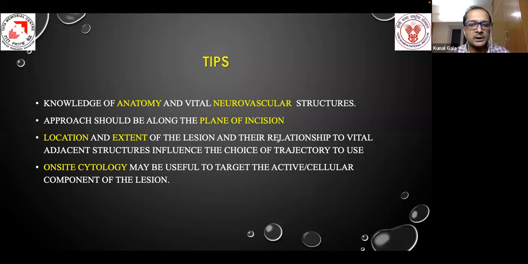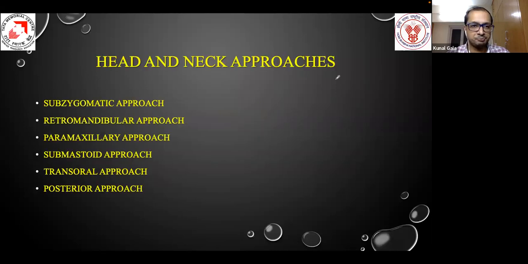Location, extent of the lesion, and its relation to vital structures are most important. And if one can have ROSE, that is an on-site cytopathologist available, they can tell us whether the cells obtained are from the proper target area, and whether they are adequate or not, so that we can change the direction.